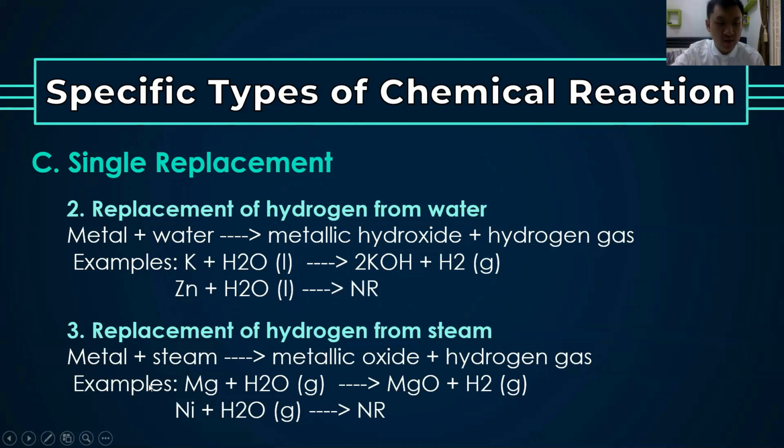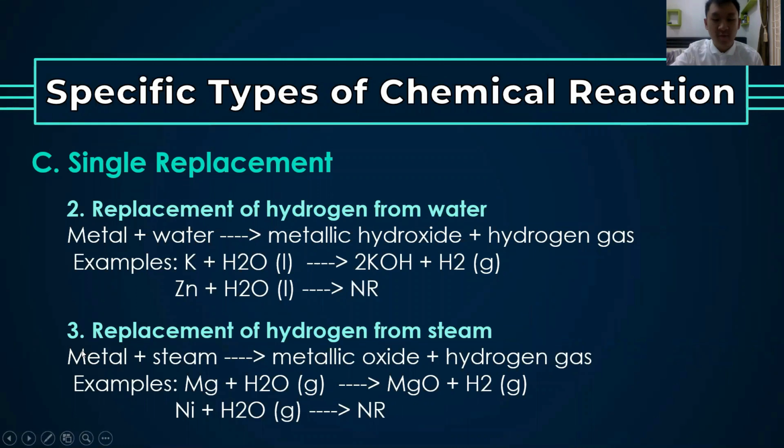Now onto the second specific type of single replacement, which is replacement of hydrogen from water. Metal plus water yields metallic hydroxide plus hydrogen gas. Examples include K plus H2O yields 2KOH plus H2. And then Zn plus H2O yields no reaction.